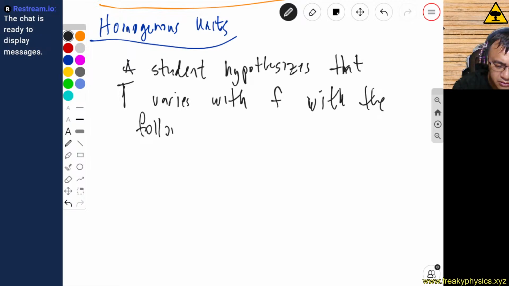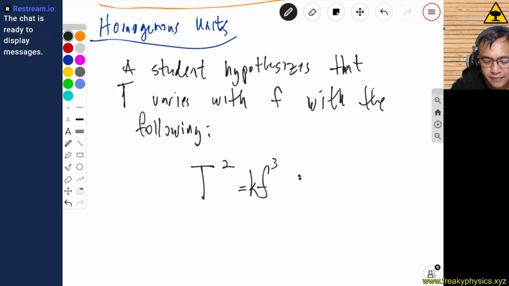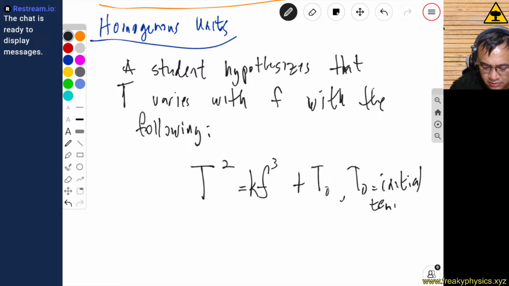Let's say that the temperature squared is equal to the frequency cubed times some constant k, plus T0, where T0 is the initial temperature. Okay, so again, let's hypothesize this for now, and let's assume that this is correct.